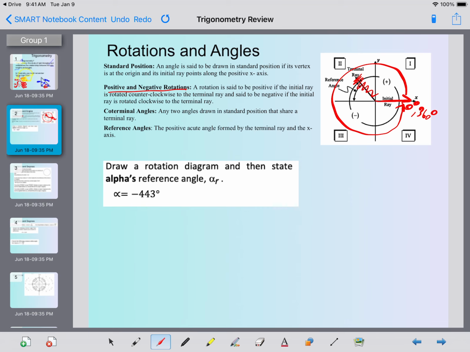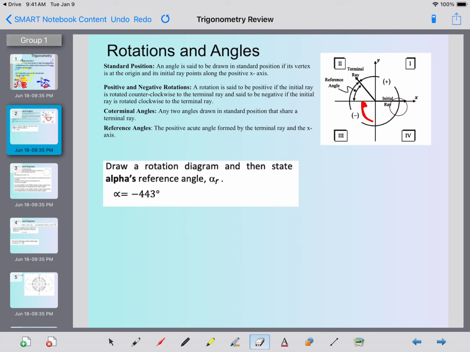But do they look the same? Do they land in the exact same spot? Yes. And that makes it coterminal. And that would go with any angle. If I would go from this angle another 360 degrees, that would put you in the exact same position. So to find different coterminal angles, you could either add or subtract 360 degrees. And you'll see how that's useful in a minute.